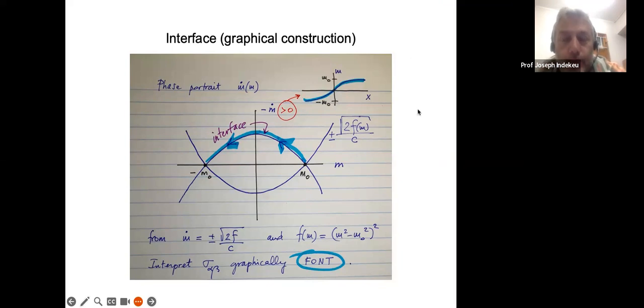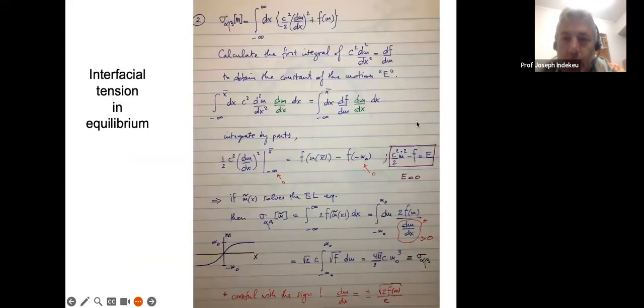And as you have appreciated from the previous slide, let's go back, this constant of the motion, in fact, can be exploited, and we can obtain a graphical construction from this constant of the motion.